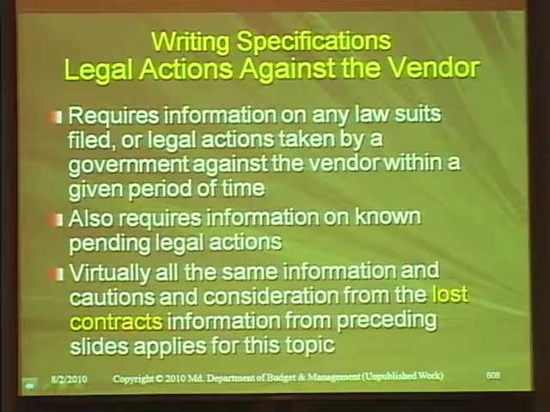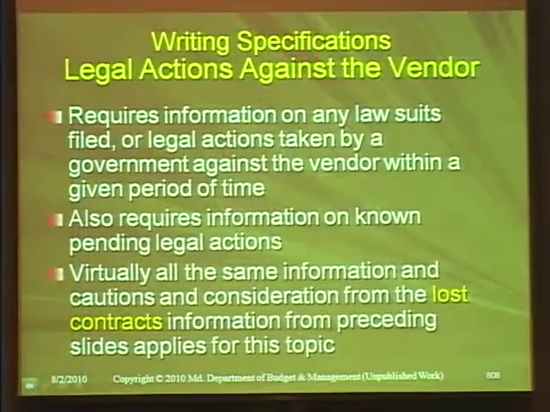The other thing, because what you find out by asking for these things is the subtleties where the vendor doesn't have to give it to you because of a situation where it may not have a legal action. It may know that someone intends to sue them, but since they haven't already sued, it wouldn't provide that to you. So what we do to get around that is tell them to also provide information on known pending legal actions.